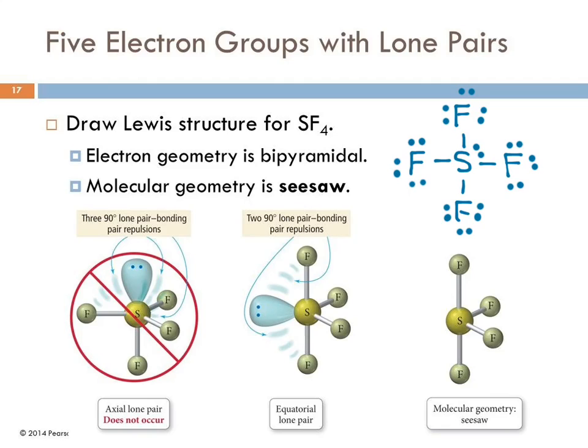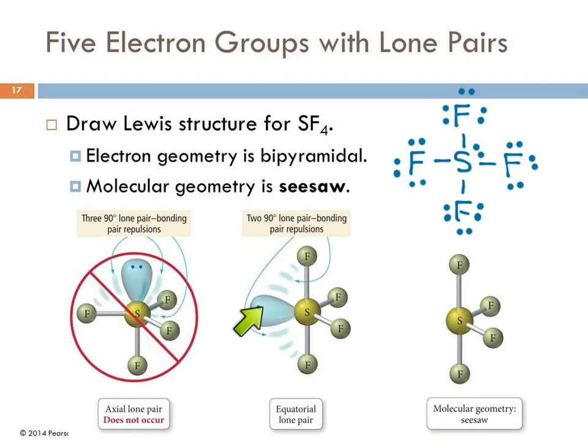The lone pair is more repulsive, so he's going to take a position with larger bond angles. So he's not going to be in an axial position, he's going to be in an equatorial position. So we have the 4 fluorine atoms bonded to the sulfur, and the lone pair is going to be over here. So then that's our electron geometry. It's bipyramidal. It's 2 pyramids.